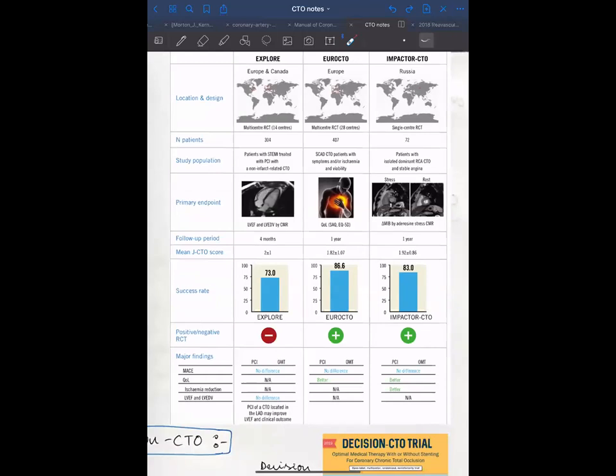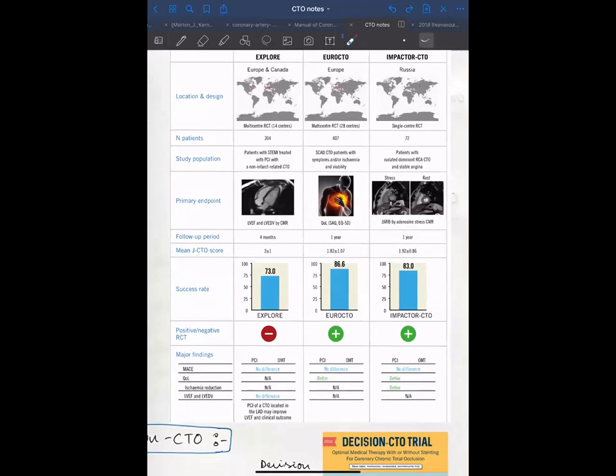It is given in the recent EuroCTO guidelines. So EXPLORE, EuroCTO, IMPACTOR-CTO, and DECISION-CTO, which I mentioned, are the major 4 trials which have been run with CTO. At the outset, I have to tell you that all the randomized trials have been randomized to look at the outcomes they hypothesized with adequate power.